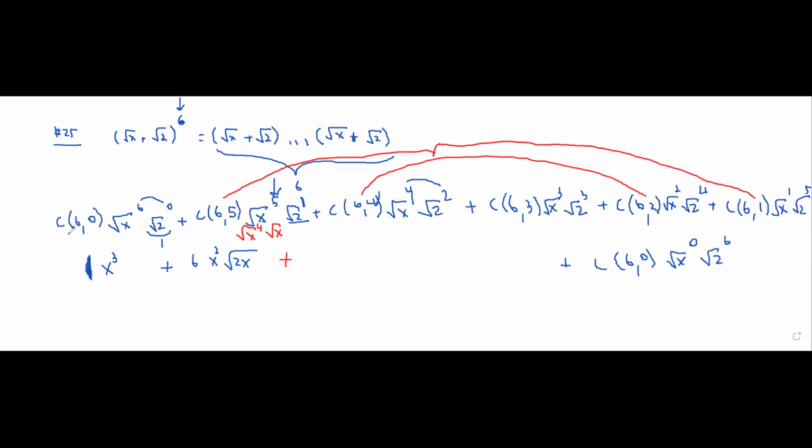And then finally, 6 choose 0, and I should have put 6 choose 6. See, you didn't notice this misprint. So I have to go 6 choose 0, then 6 choose 1, 6 choose, but actually I had to put 6 choose 6 here to be correct, because I wasn't careful. Why? Because square root x appears 6 times.